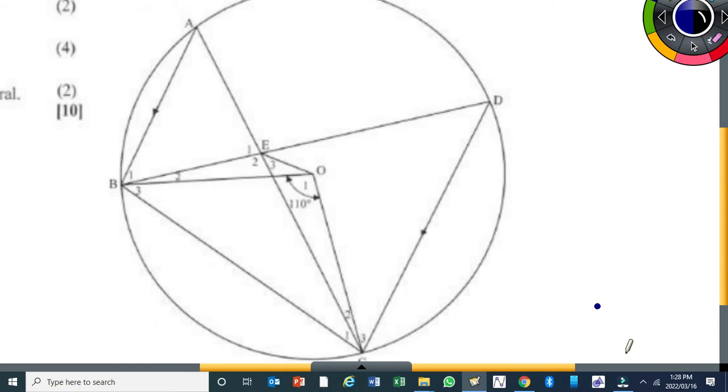Also, you need your chords, obviously. You have to identify those. Then you should be able to try and answer. If you have got lines that are parallel, then also remember your geometry of straight lines. You might also have cyclic quads as well. So don't be scared because you saw the diagram.